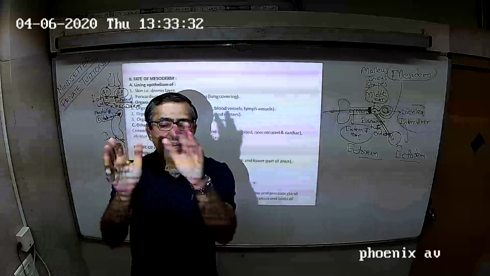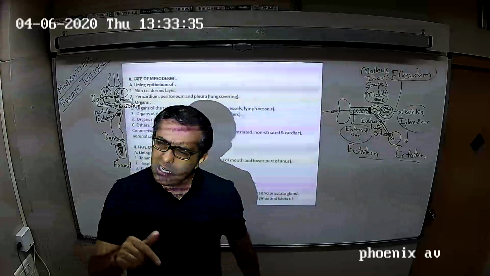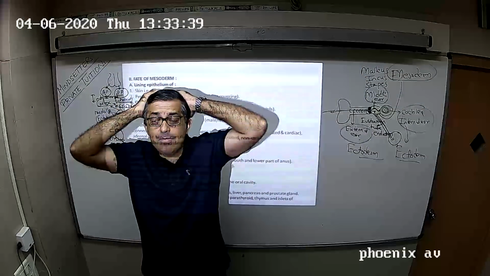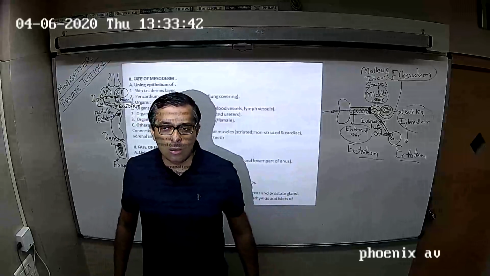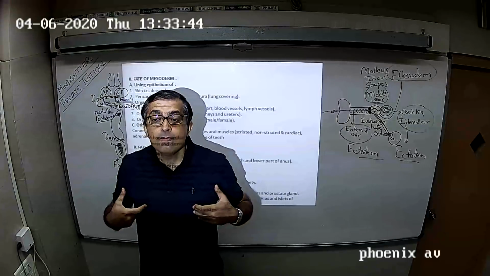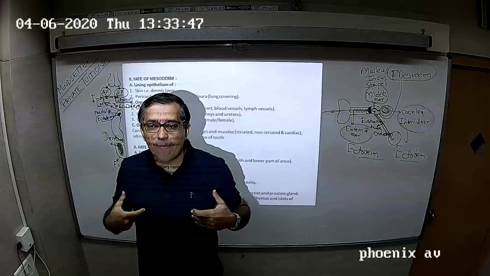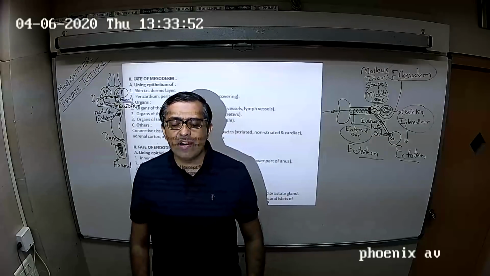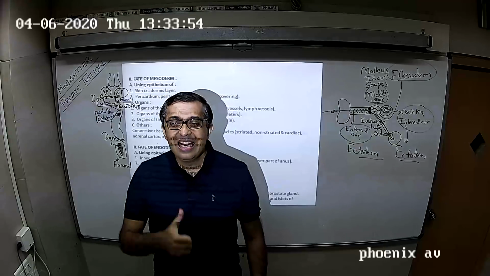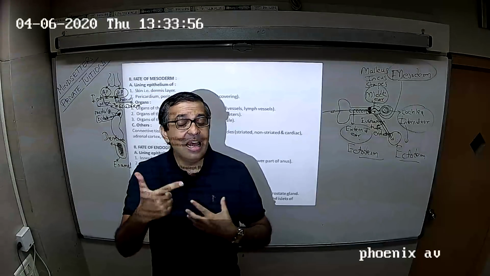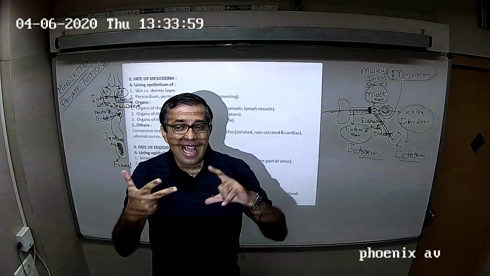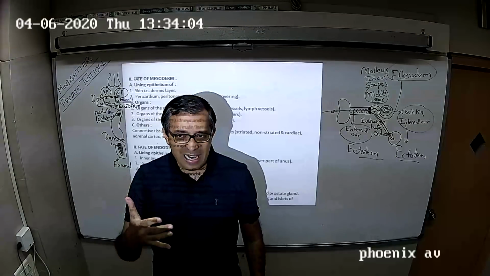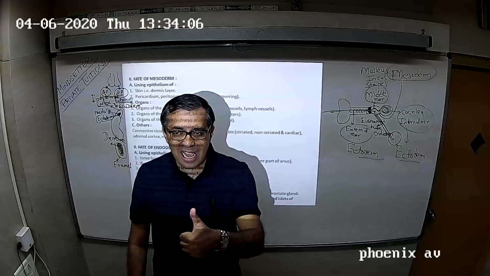Right. So sir, we have done the fate of the three layers. Just a quick fire revision. Where does nervous system develop from? Ectoderm. Where does respiratory system develop from? Endoderm. Where do all other systems develop from? Mesoderm. Digestive system, circulatory system, excretory system, reproductive system, 206 bones, 639 muscles.